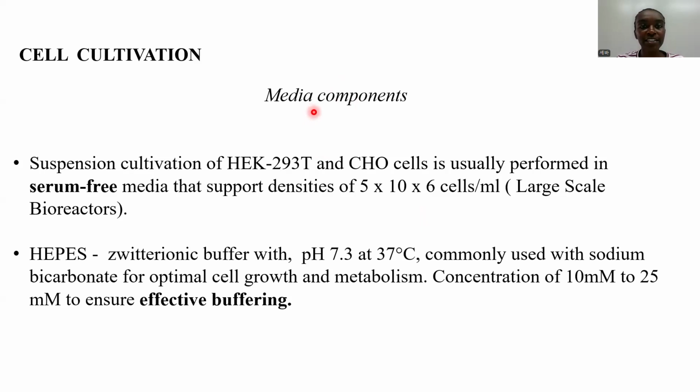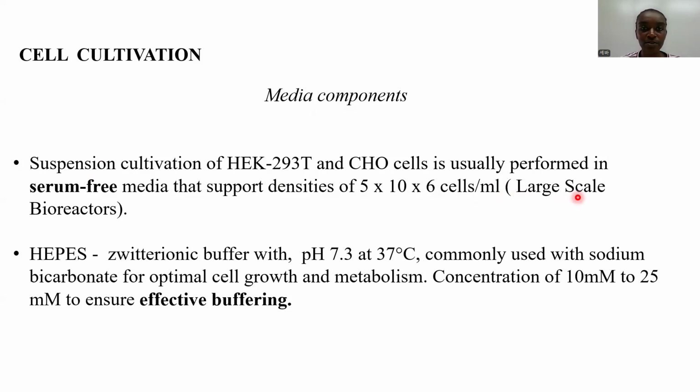So media components and how they're regulated is an important aspect, and I'll briefly discuss how scientists currently optimize the media to ensure proper production of recombinant protein in various systems. Suspension cultivation of the HEK293T and CHO cells is usually performed in serum-free media that support densities of up to 5 to 10 to the power 6 cells per ml in large-scale bioreactors, but this can be adjusted depending on the scale you're producing.